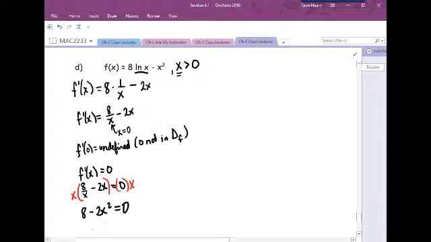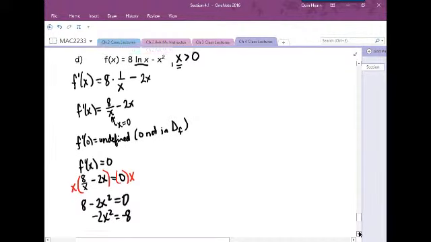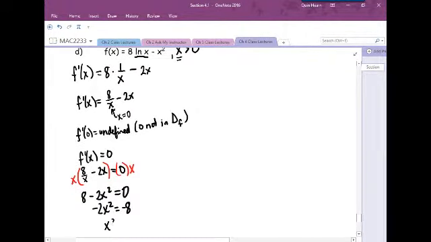And so distributing the x, we would get 8 minus 2x squared equals 0. I'm just going to subtract the 8 over, so we have negative 2x squared equals negative 8. And then that would mean x squared is equal to 4 if you divide by negative 2.